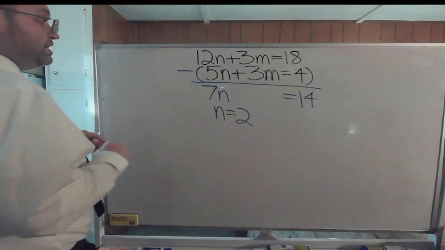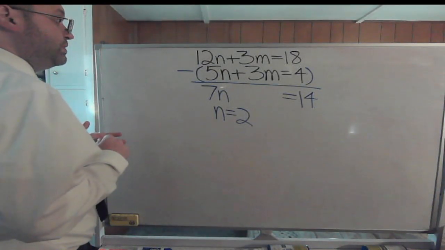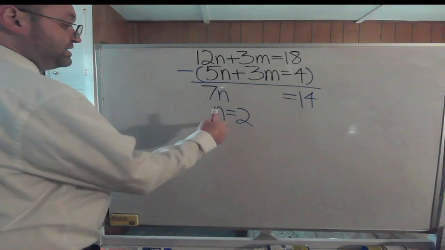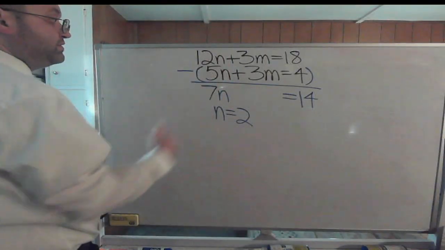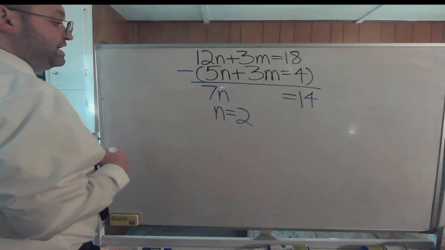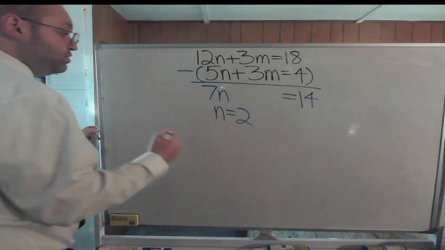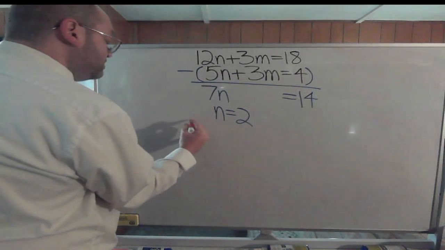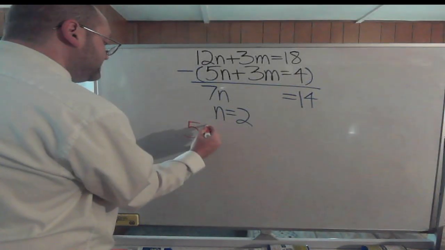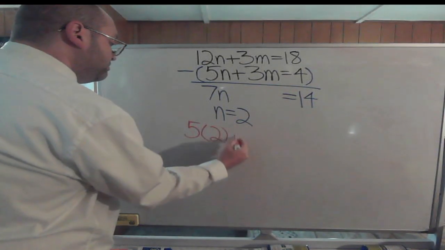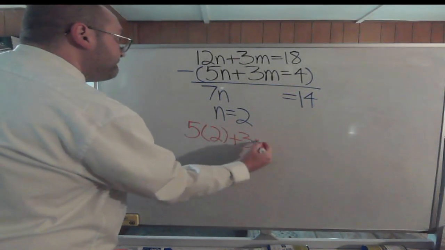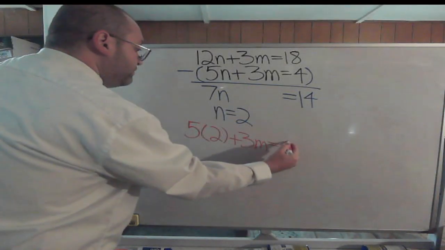Now, all we have to do is stick that n value of 2 into one of these equations, and then we'll end up getting the m coordinate. So I'll stick it in the second one. So we'll take 5 times 2 plus 3m, set that equal to 4.